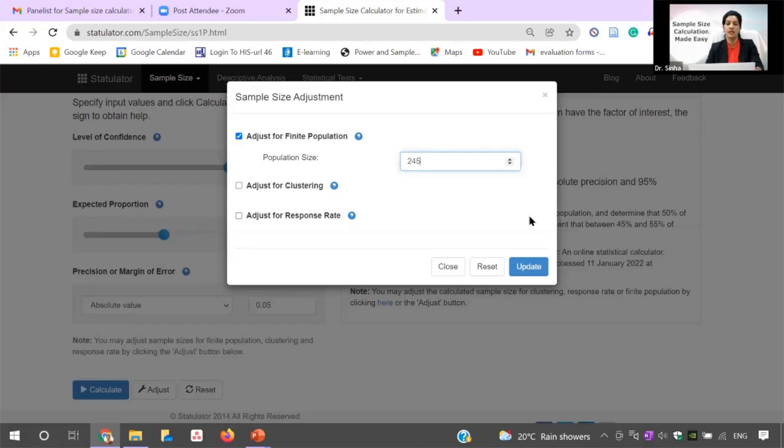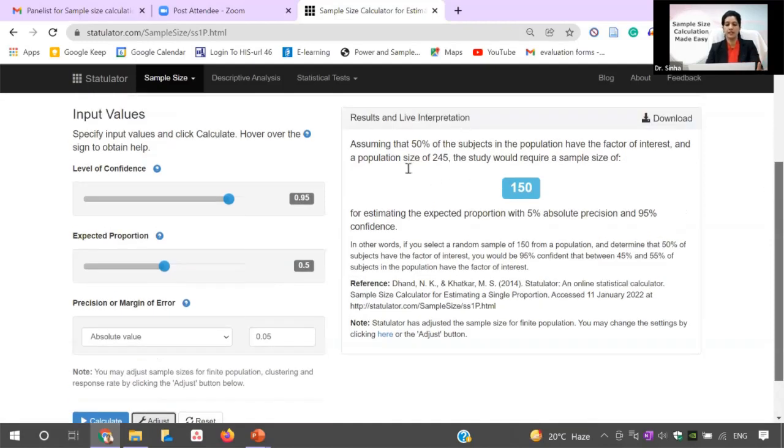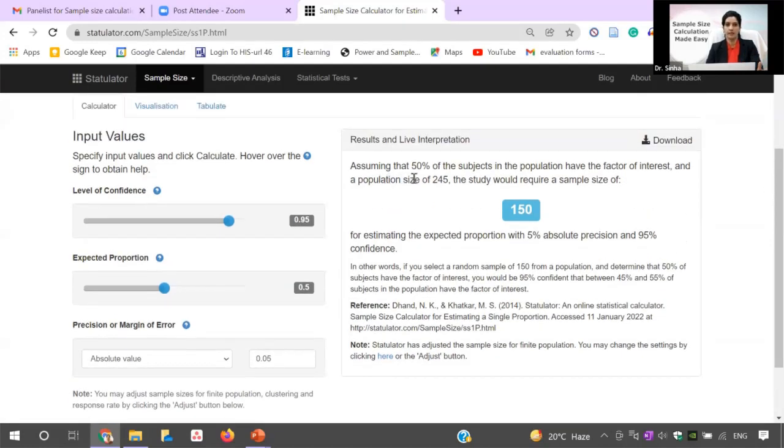We are giving you examples which are already published in literature. So now press this update. If you press this update, you can see a sample size of 150. Okay. And now if you see the write-up, it is written that assuming that 50% of the study subjects in the population have the factor of interest. This factor of interest, you have to replace with the outcome.